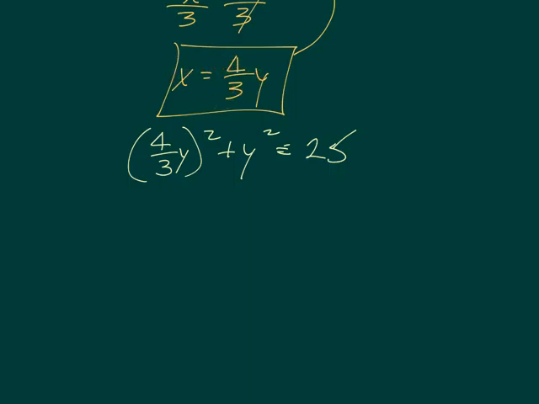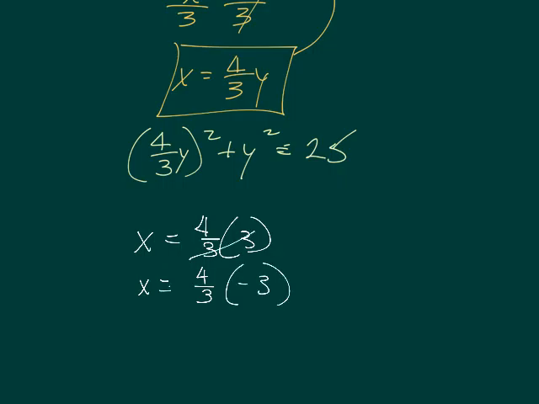Okay, so let's plug in our plus or minus 3 for y. So x equals 4/3 times positive 3, and x equals 4/3 times negative 3. So those cancel, and my x value is 4 when my y is 3.